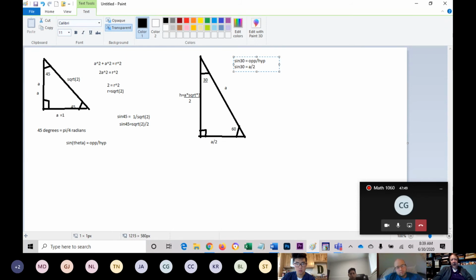And what is your hypotenuse in this case? A times the square root of 3 over 2. Now, remember, this is your adjacent, this is your opposite, this is your hypotenuse.